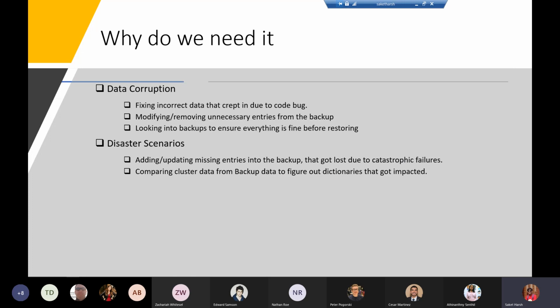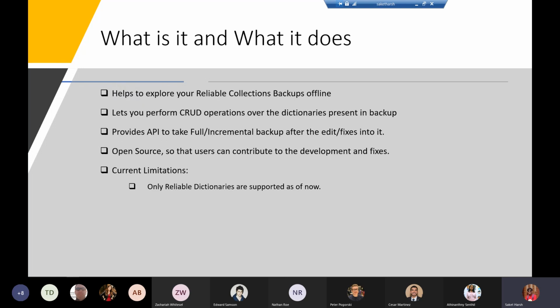Or in disaster scenarios where the whole cluster is down, we might want to look at the backup before restoring it so that we see that every dictionary is fine and all the things are fine before we restore it into an actual live cluster.